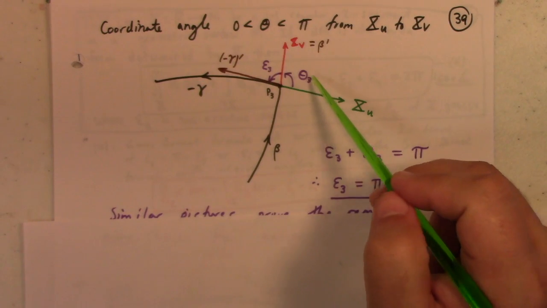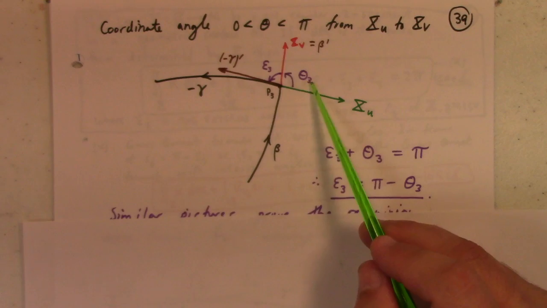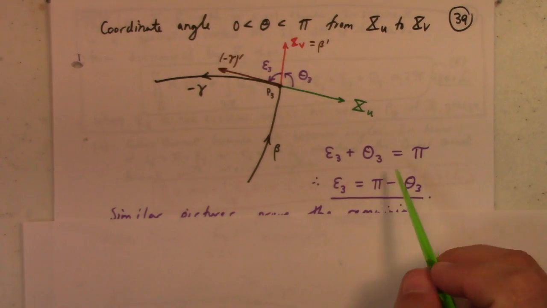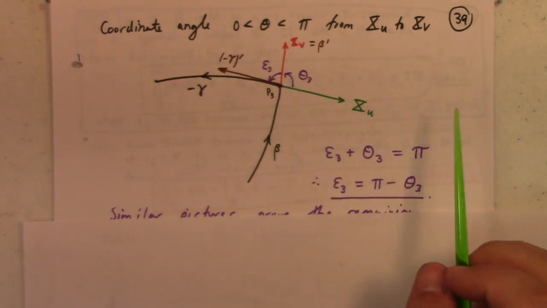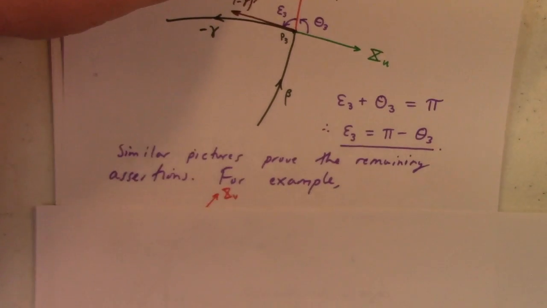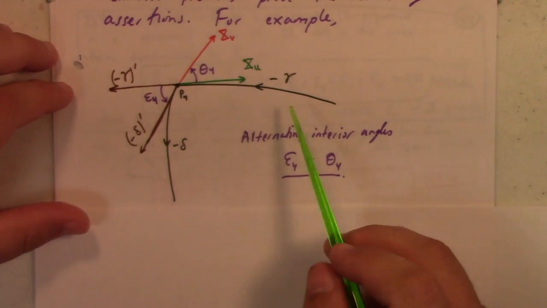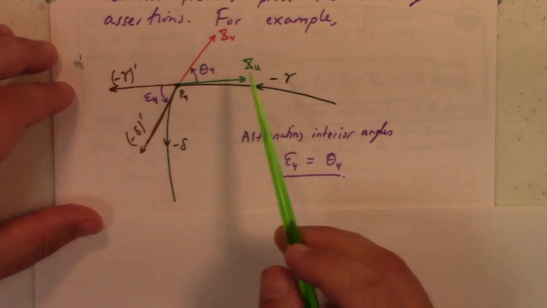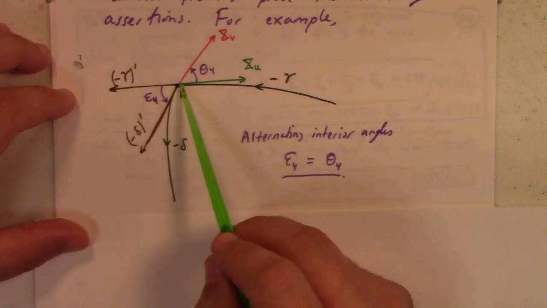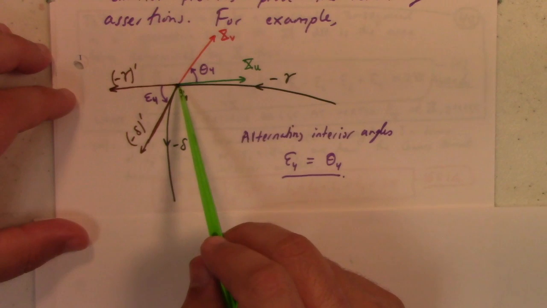Theta 3 is defined to be the angle between xu and xv. And the relation between the theta and the exterior angle is different at different vertices. So for example here, the sum of them is obviously pi, right? But if you look at similar pictures to prove the remaining assertions, let's do that. For example, over here on the other edge of the rectangle, here's where xv would be pointing, xu is pointing that way, as my picture is drawn.